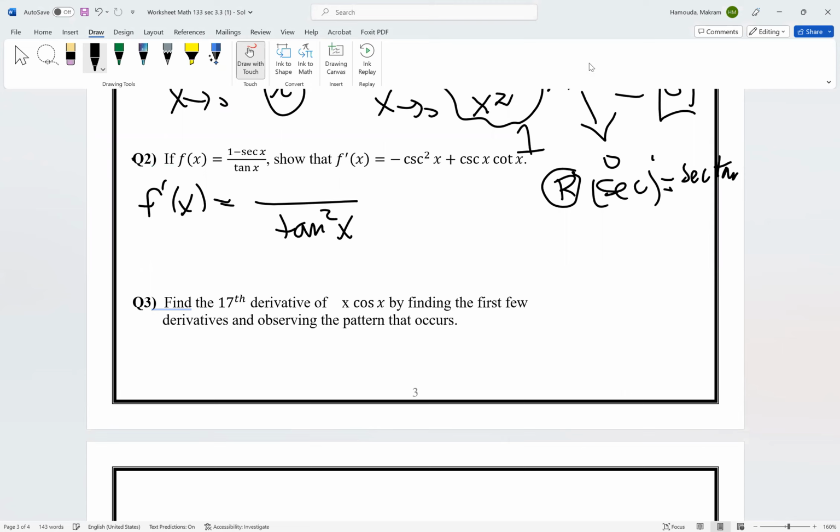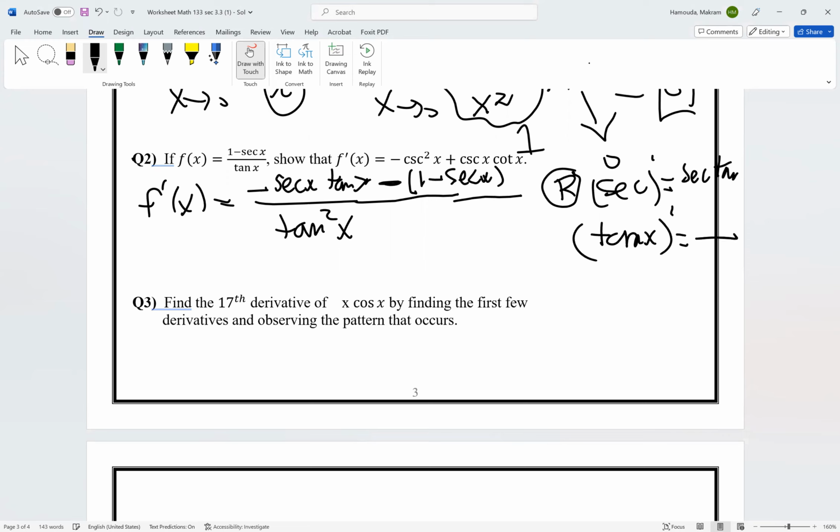So here I will have minus secant x multiplied by tan x, and in the formula of the quotient there is a minus here, and the function in the numerator is without derivative multiplied by the derivative of tan. The derivative of tan, which is sine over cosine, you can remember this by doing it quickly if you don't recall it by heart.